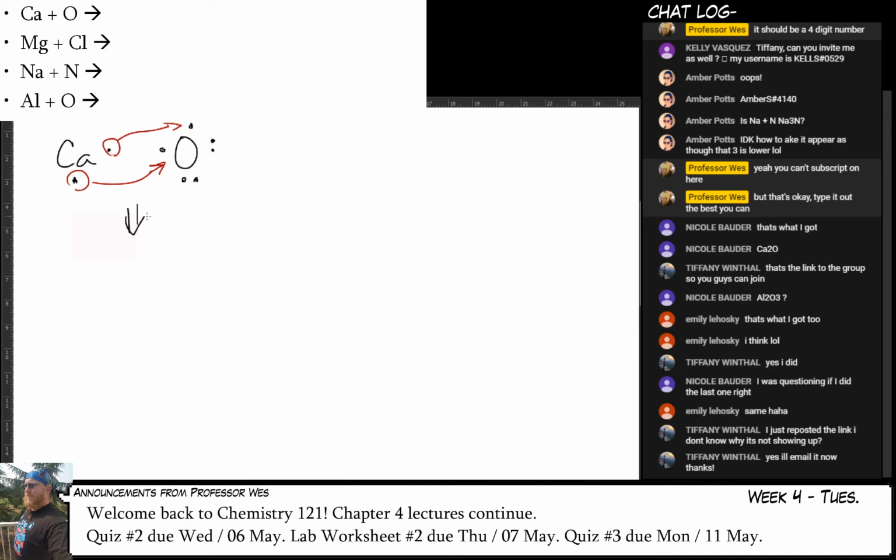So now, when I make my ionic compound, I have calcium with a 2+ charge, and oxygen, which has 8 valence electrons now, with a 2- charge. And the formula ends up being, I only needed 1 of each to satisfy the octet for everybody, so I just write CaO.